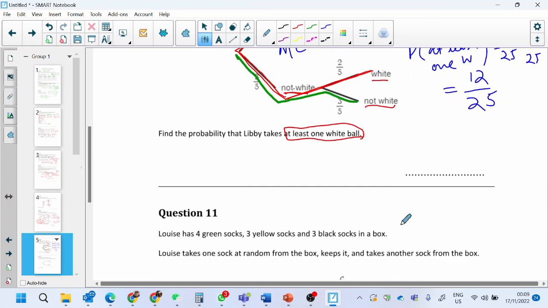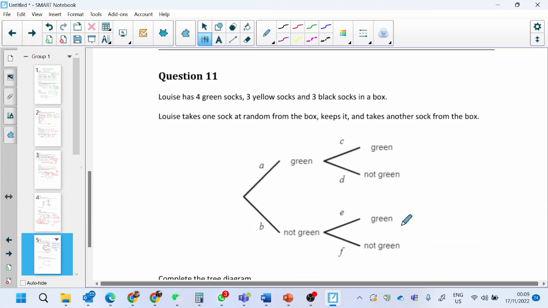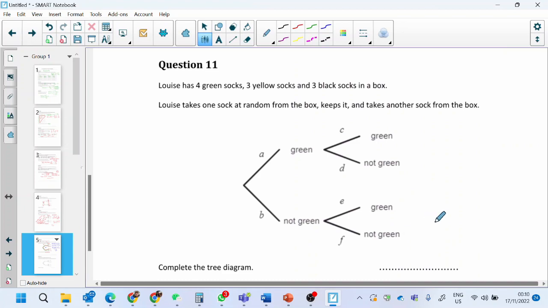So we have got one more question, and in this question it says that 4 green, 3 yellow, 3 black socks, one sock is taken out, kept, and he takes another sock from the box. Complete the tree diagram.